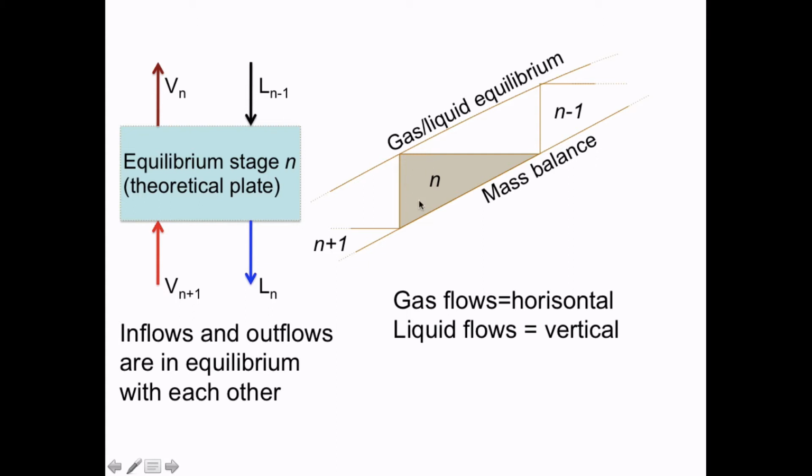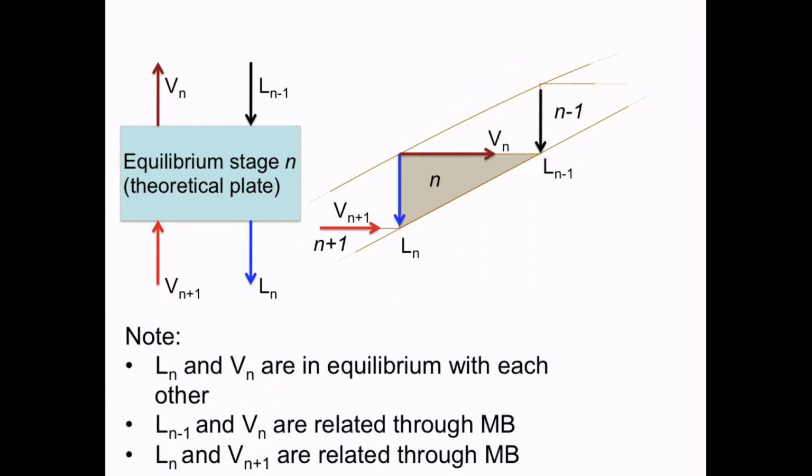And each such triangle here is an equilibrium stage, where the flow down to the next equilibrium stage is in equilibrium with the vapor flux up to the above. So you could interpret these triangles as gas flows being the horizontal line and liquid flows being the vertical line. So in this diagram here, you see Vn is this line here and Ln is that line here.